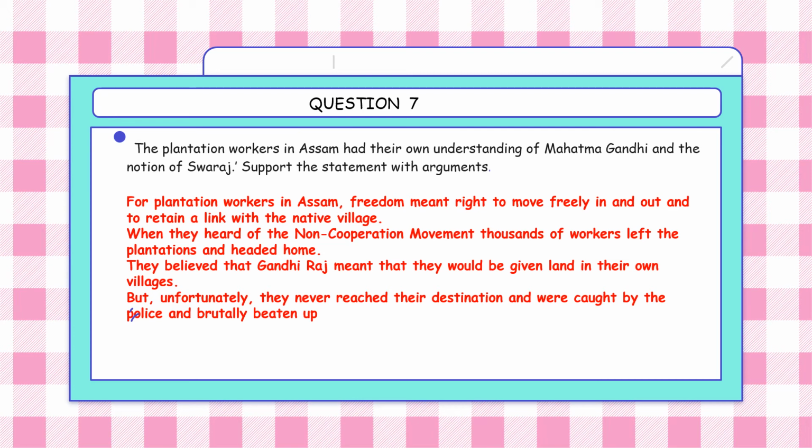When they heard about the non-cooperation movement, thousands of workers left the plantations and went home. They believed that Gandhi Raj meant that they would be given land in their own village. But unfortunately, they were never able to reach their destination. They were caught by the police and brutally beaten up. So for this question, these are the 4 key points.